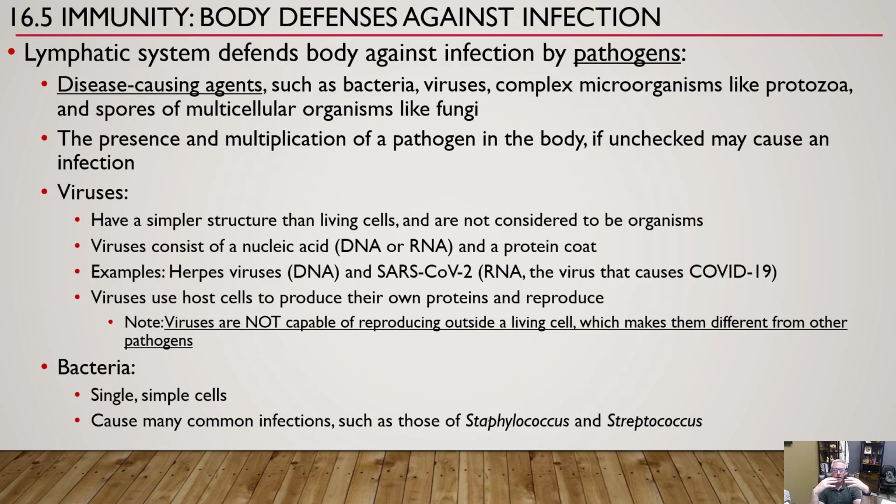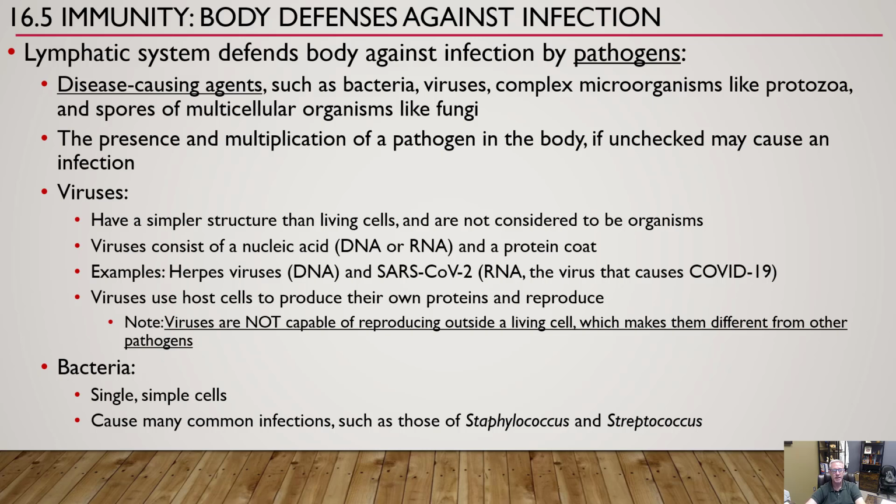What makes viruses interesting is viruses cannot replicate by themselves. Typically pathogens can replicate by themselves, but viruses cannot. Viruses have to use another source. So viruses actually go into our cells and use our DNA and our RNA to replicate themselves.